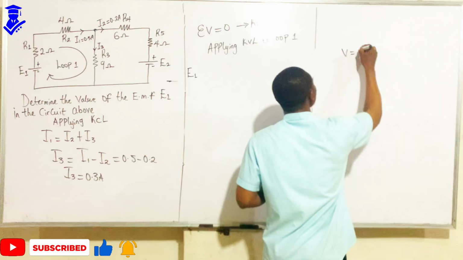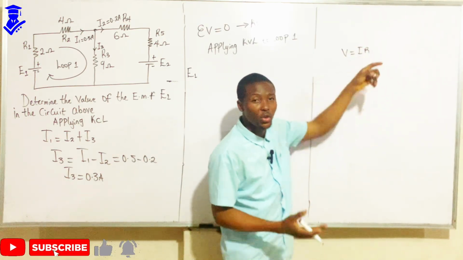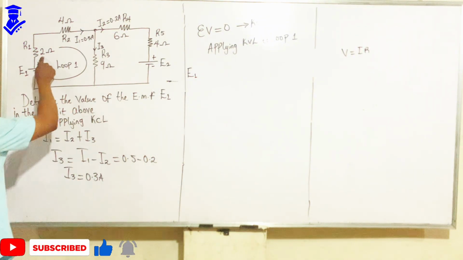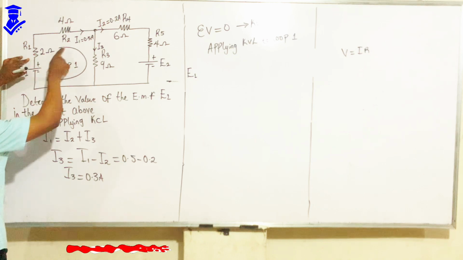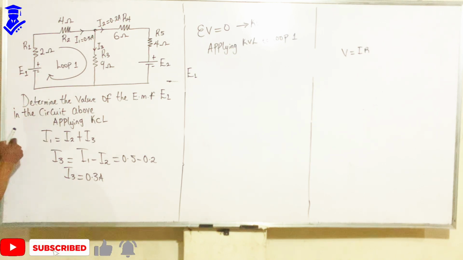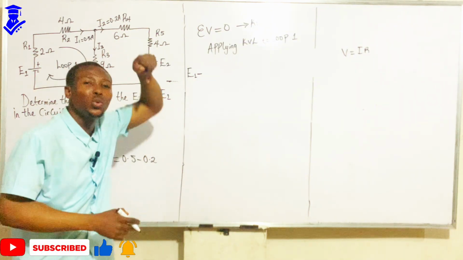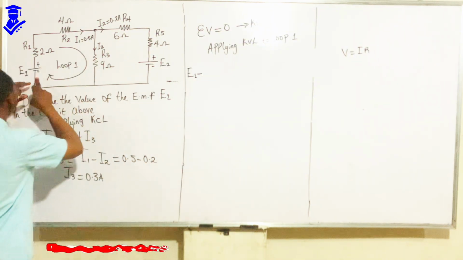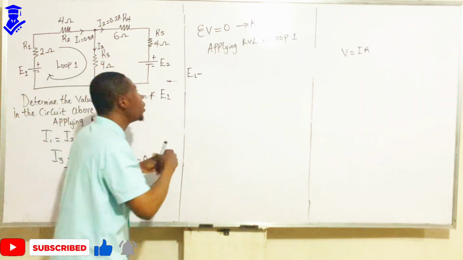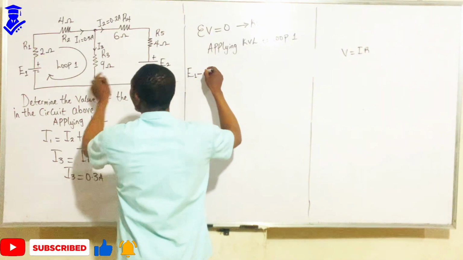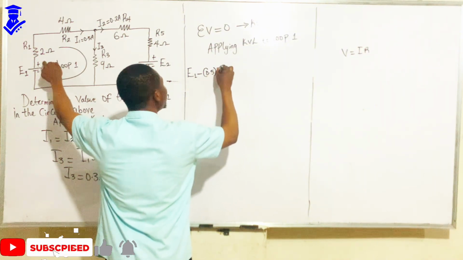According to Ohm's law, V is equal to IR. The current flowing through here is I1, so it's 2 times I1, which is 0.5, but it's negative because there's a voltage drop. So it's minus 0.5 times 2.